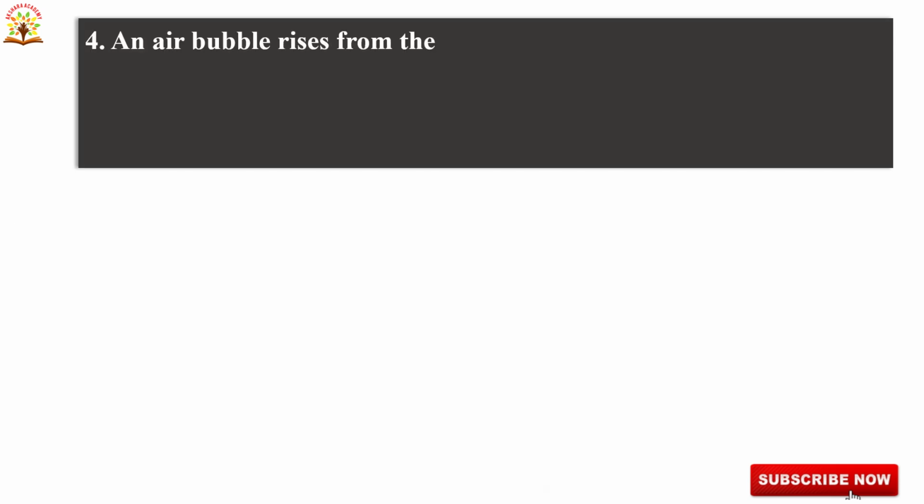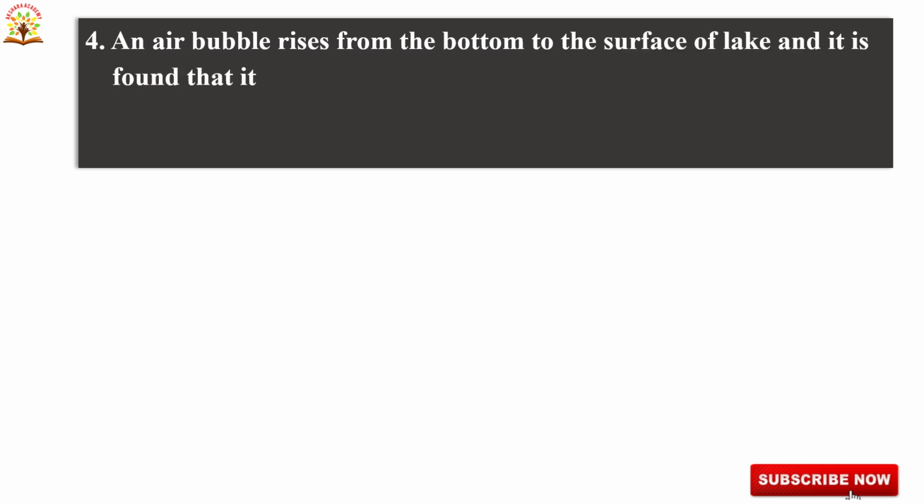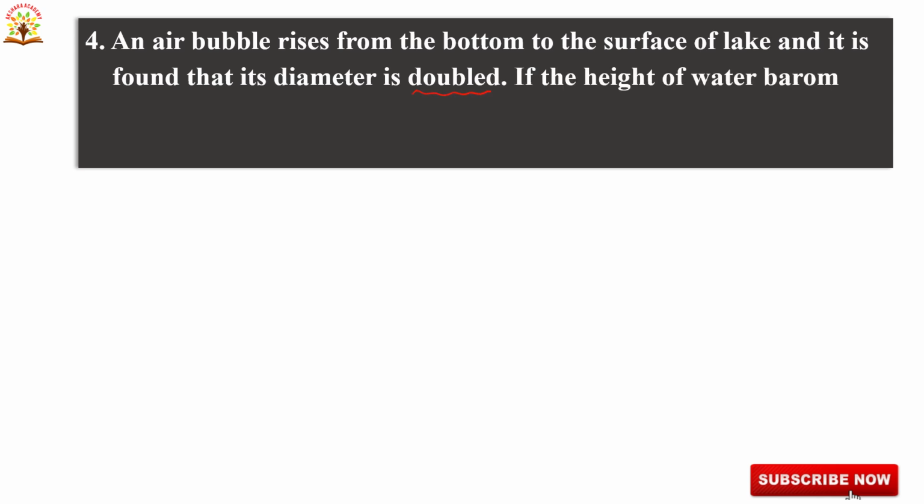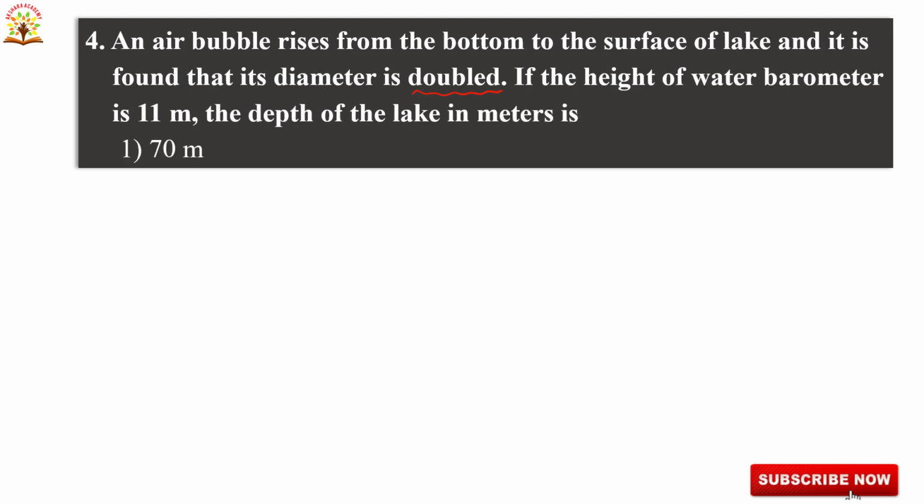An air bubble rises from the bottom to the surface of a lake and it is found that its diameter is doubled. If the height of the water barometer is 11 meters, find the depth of the lake in meters. Here we have to calculate the depth of the lake.